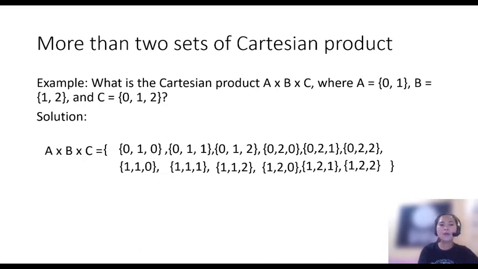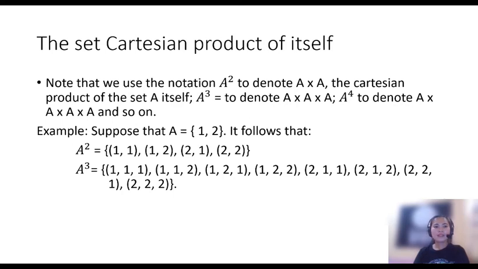Now, how do we set the Cartesian product of itself? Ibig sabihin, isang set lang. Then, hahanapin natin yung Cartesian product niya. So, we don't have any other set where we can combine their elements together to come up with the Cartesian product. So, we'll use this notation. So, we can use either a sub 2, a sub 3, a sub 4. So, depending on what is asked.